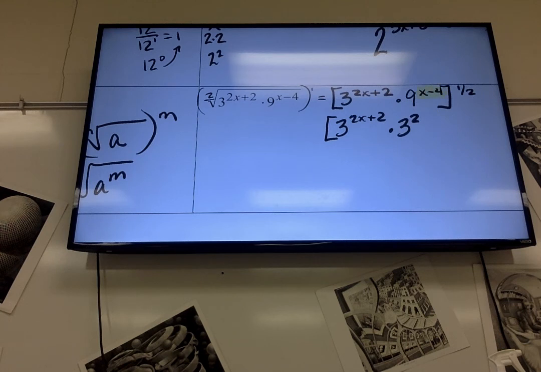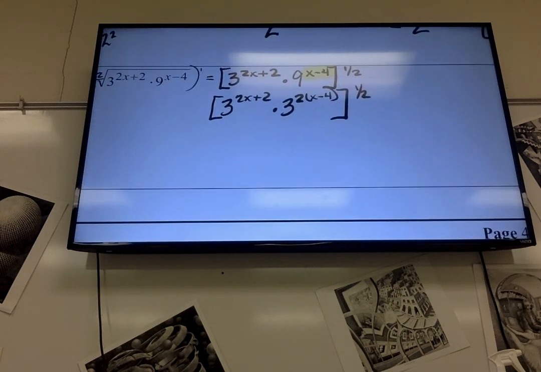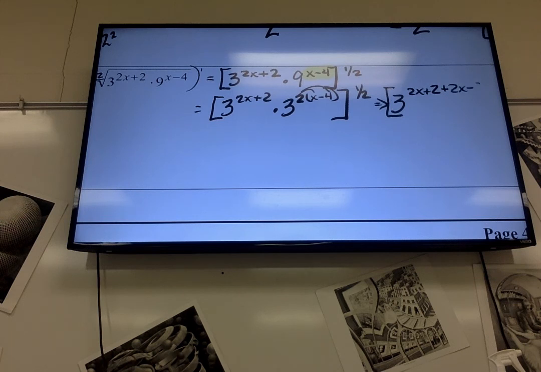And this x minus 4, I just write down next to the squared. Now what do I do? Now I add them. So it's 3 to the 2x plus 2 plus, and don't forget to distribute, 2x minus 8.